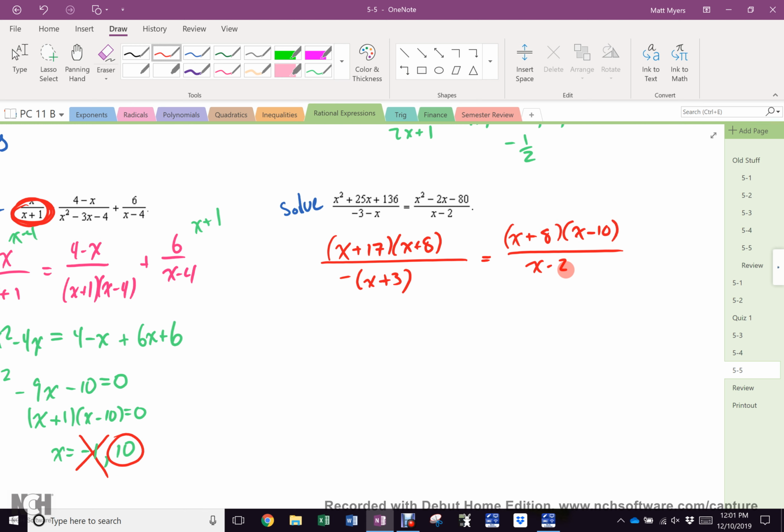Now, do I have fraction equals fraction? So even if I don't know what to do now, I know something I could do. What can I do every time I have fraction equals fraction? Cross multiply. So I will get x plus 17 times x plus 8 times x minus 2. Agreed?